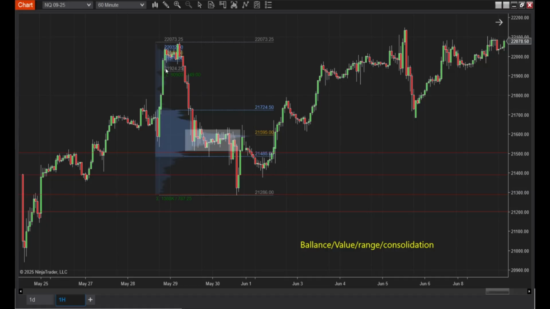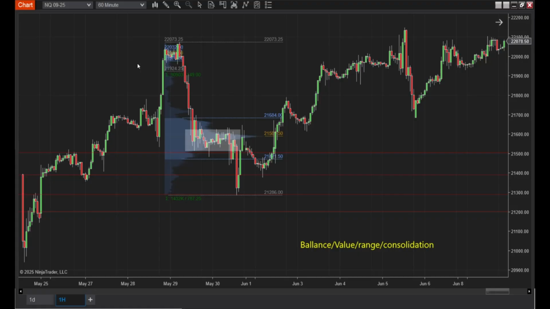There's a value area here, and then a value area down here. Low volume right where this is trending. There you go. So there are your low volume nodes, high volume nodes, high volume nodes.